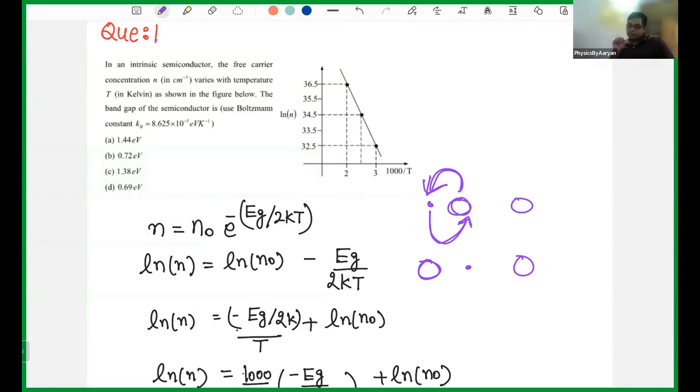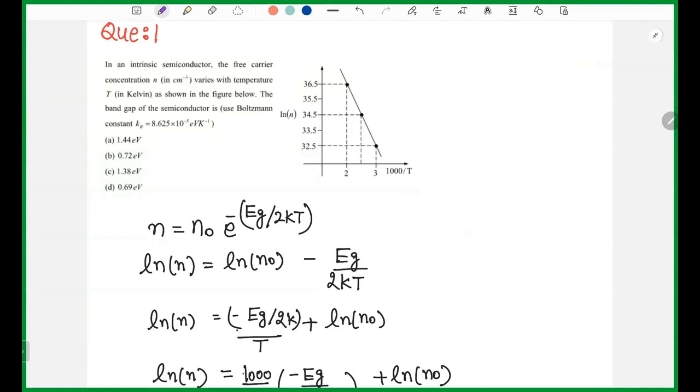There is no physical mass of the hole. It's a mathematical concept. You cannot find a particle known as a hole.